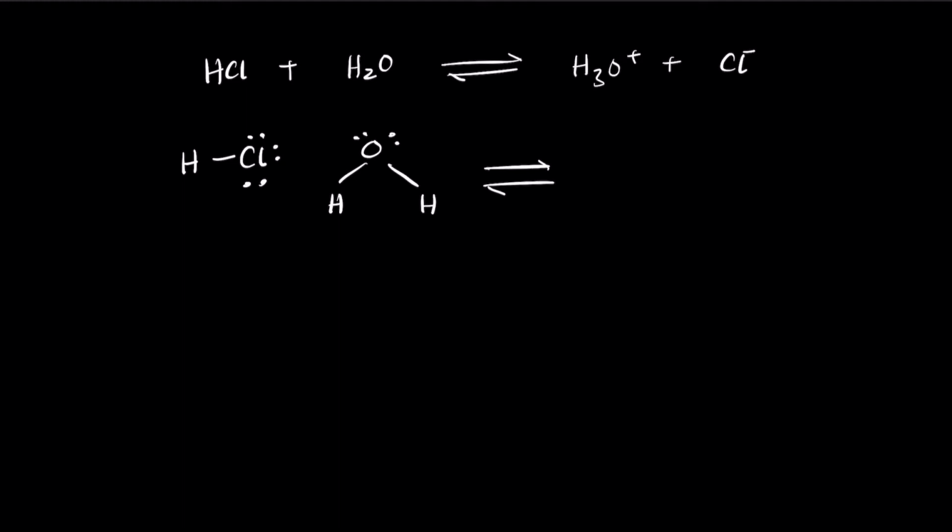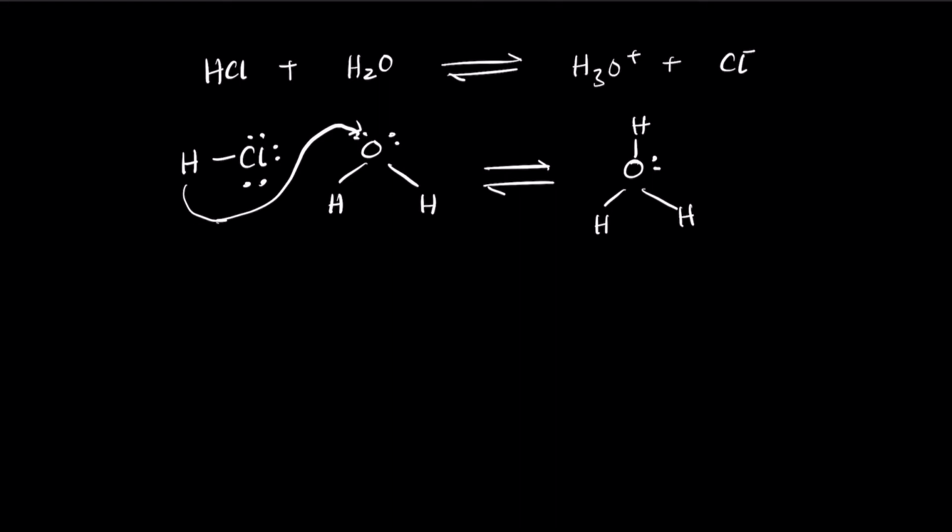When they combine, HCl is the proton donor, so it donates a proton to the oxygen. The hydrogen does not take its electrons, so it rather bonds with the electron pair of the oxygen, resulting in the formation of the H3O plus ion, the hydronium ion, with 1 lone pair of electrons.